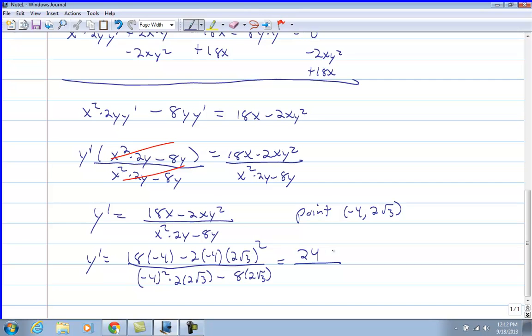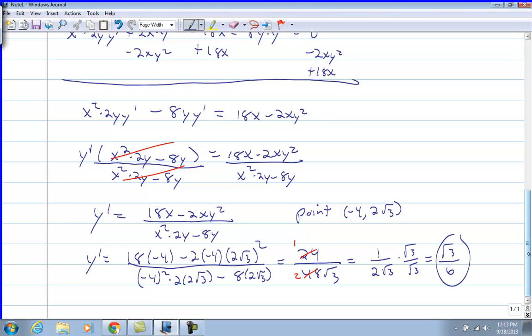That gives me 48 times the square root of 3. So 48 and 24, we can reduce that. That becomes 1 over 2 times the square root of 3, and if we rationalize the denominator, we have the square root of 3 over 6.